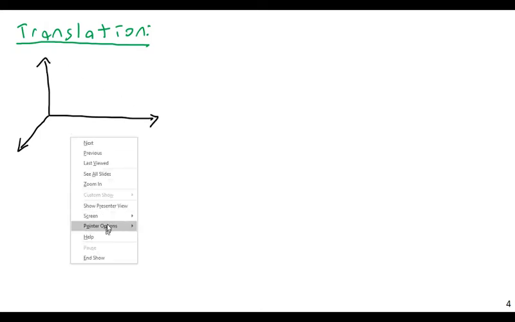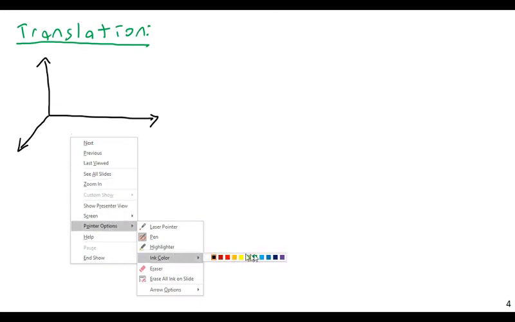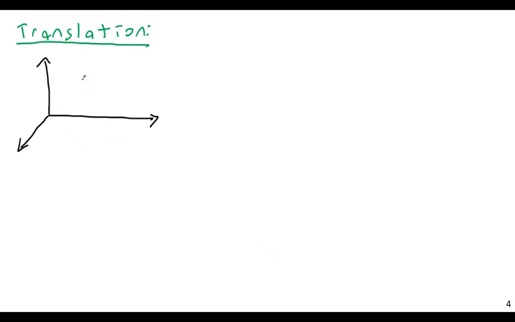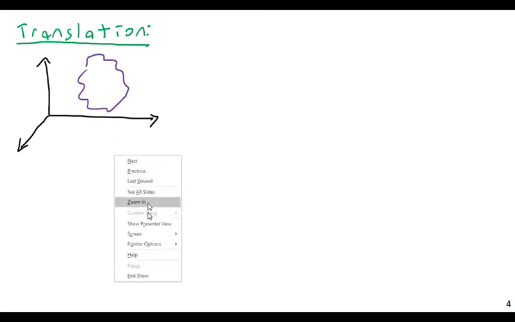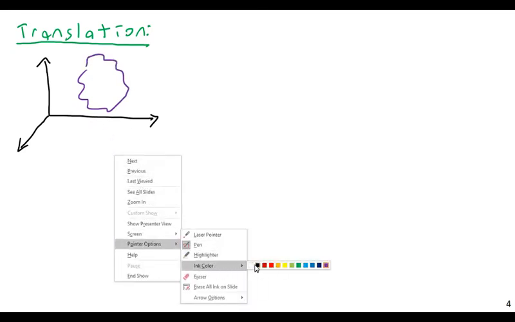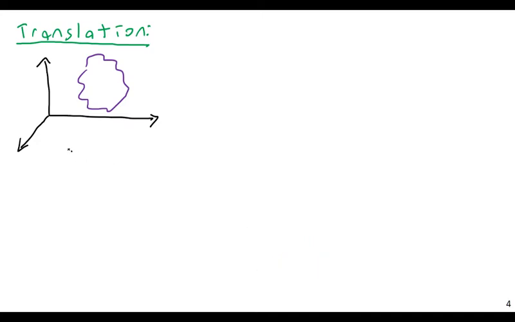I'm going to draw an object with just a nice vague form. Big purple potato. And consider an object that moves from point A to point B. Maybe I don't like labeling that. So let's say I have X, Y, and Z.